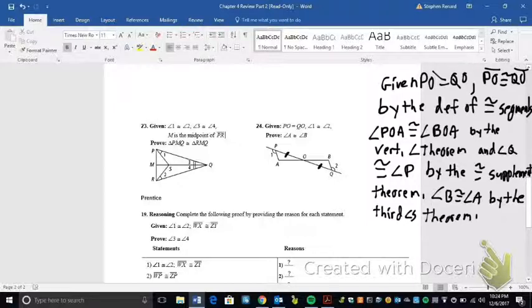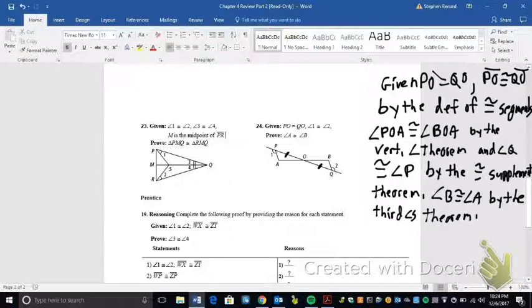Because you're going to have to add the same amount to both angle 1 and angle 2 to get 180 degrees, the remaining is the same. Whatever we would be adding to it is the same. And that's what gives us P and Q are congruent.